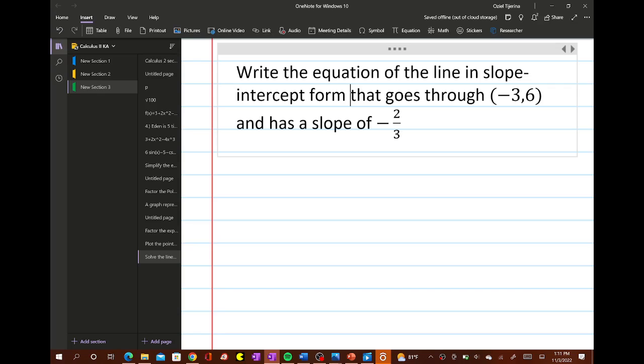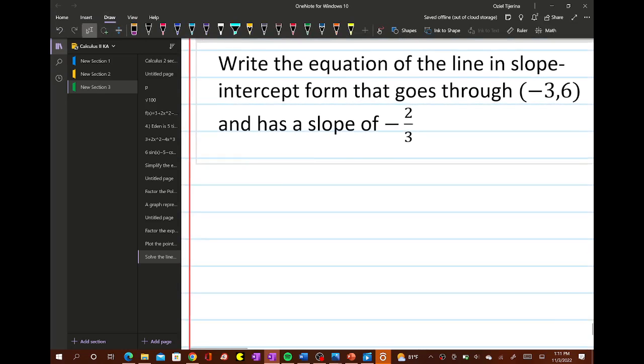From what we know about slope-intercept form, y equals mx plus b. There's a reason I'm writing it this way, and this is slope-intercept form. We went over this in the last video.